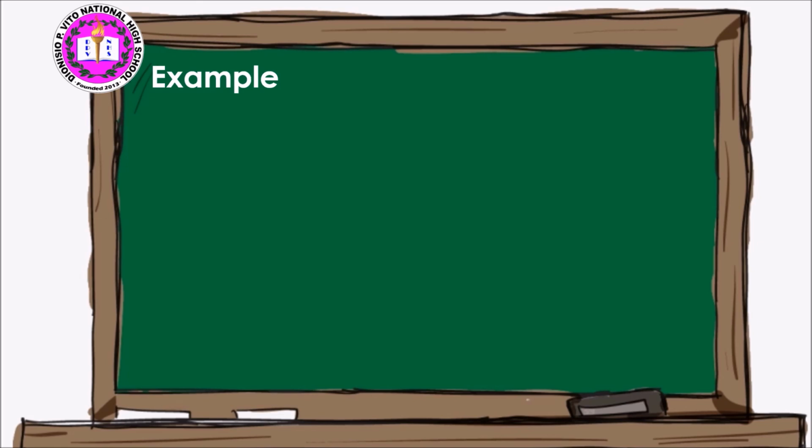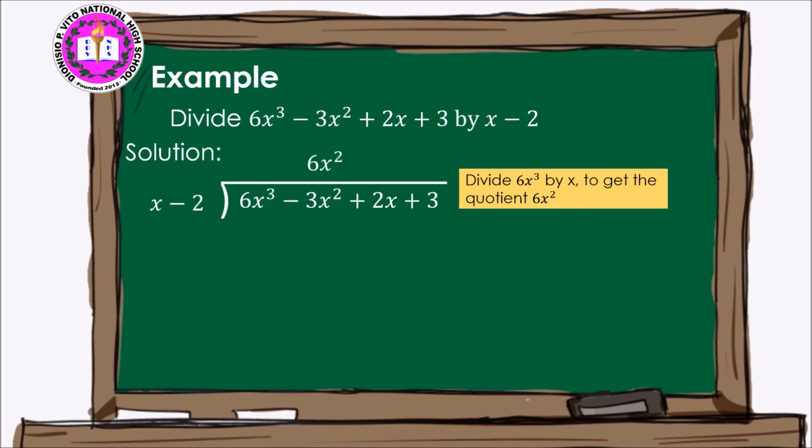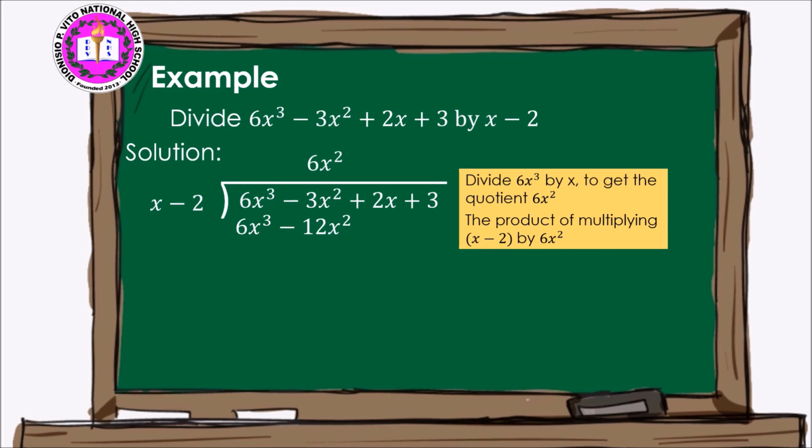Another example, divide 6x cubed minus 3x squared plus 2x plus 3 by x minus 2. So our solution, first divide 6x cubed by x to get the quotient 6x squared. Then the product of multiplying x minus 2 by 6x squared is 6x cubed minus 12x squared.